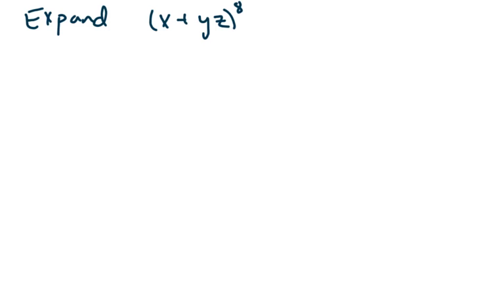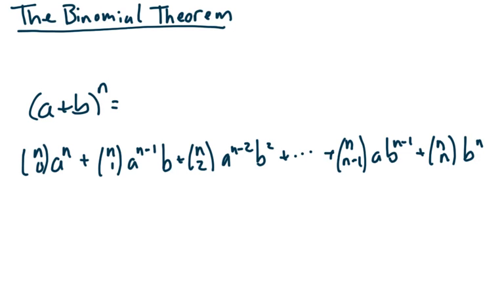So for our last example, for now, I want us to expand (x plus yz) to the 8th power. So let's expand it. Bump, bump, bump. It's expanded. Just kidding. According to the binomial theorem, which admittedly we haven't seen in a while, we're going to have these coefficients times powers of the first term and the second term.